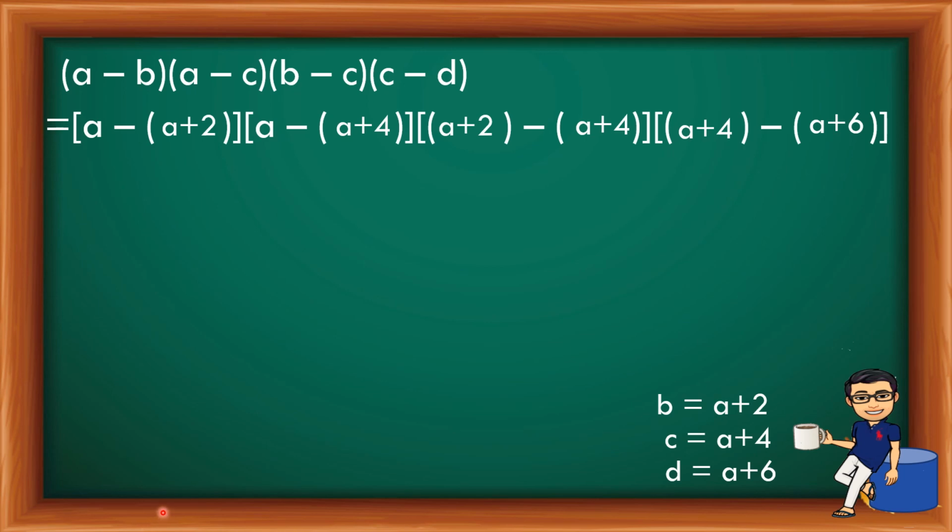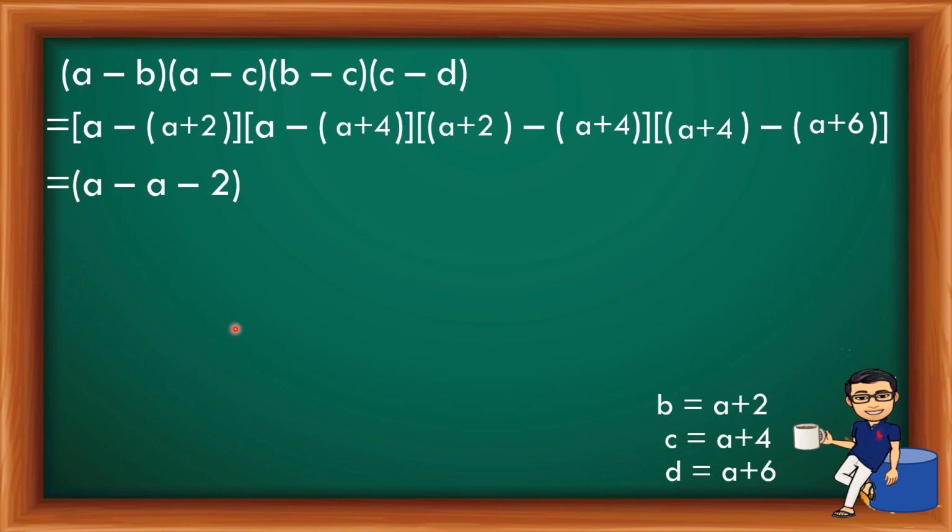After substitution, this time around, we are going to simplify each of these expressions. So let's begin with this part. What happens when we simplify this is A minus A minus 2. We copy this A, then we distribute the negative: negative times A, negative times positive 2 is negative 2.